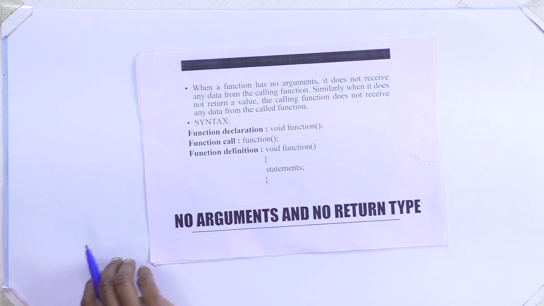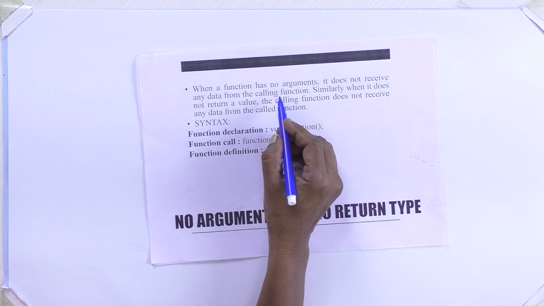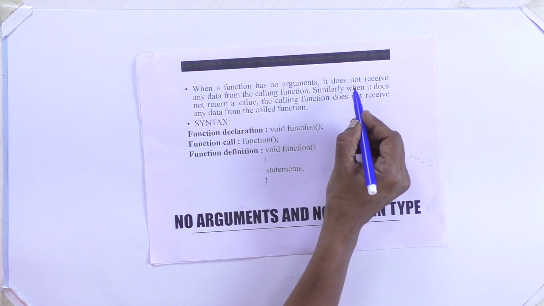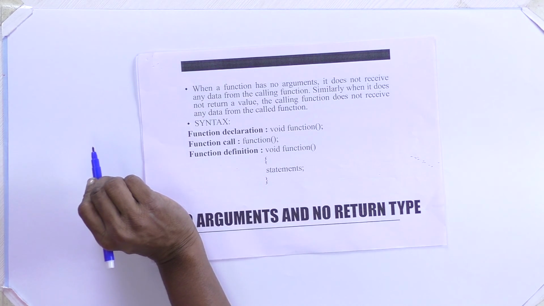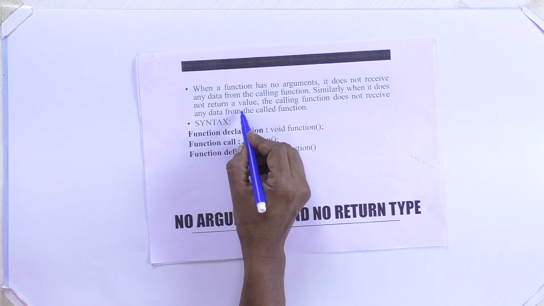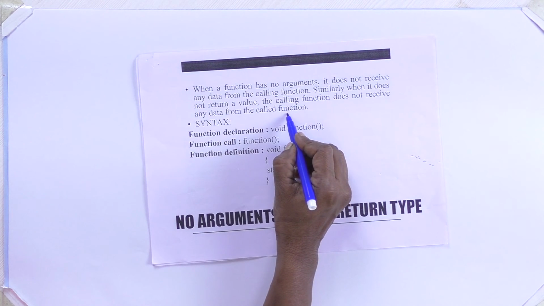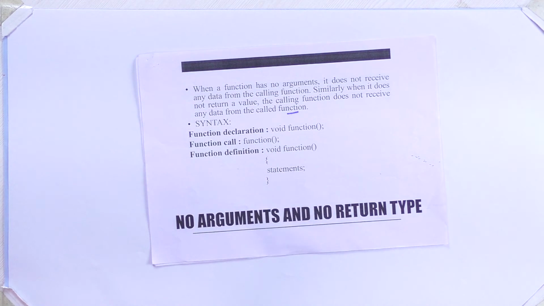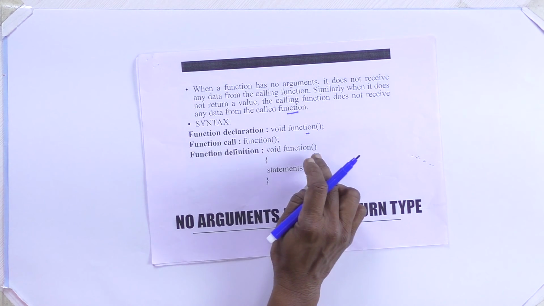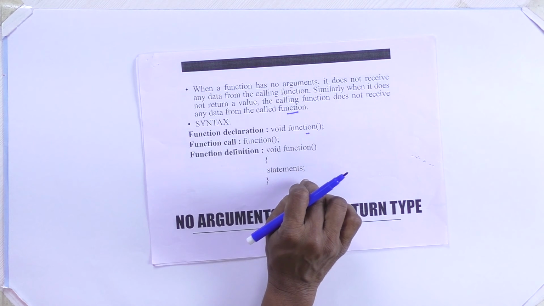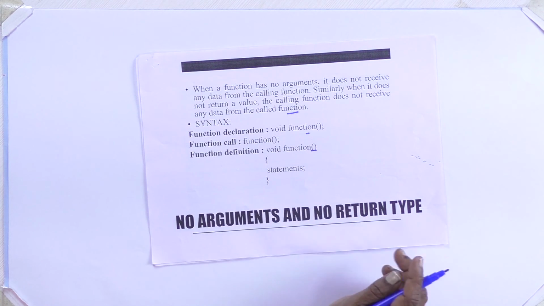When a function has no arguments, it does not receive any data from the calling function. Similarly, when it does not return a value, the calling function does not receive any data from the called function. So the function declaration would be void function. I am not passing any values to the function, I am just writing the statements. So no arguments and no return type.